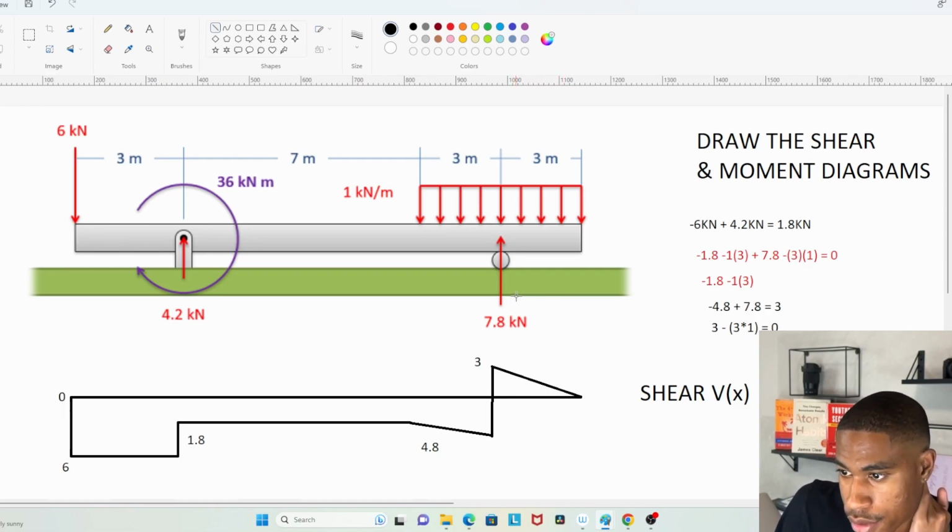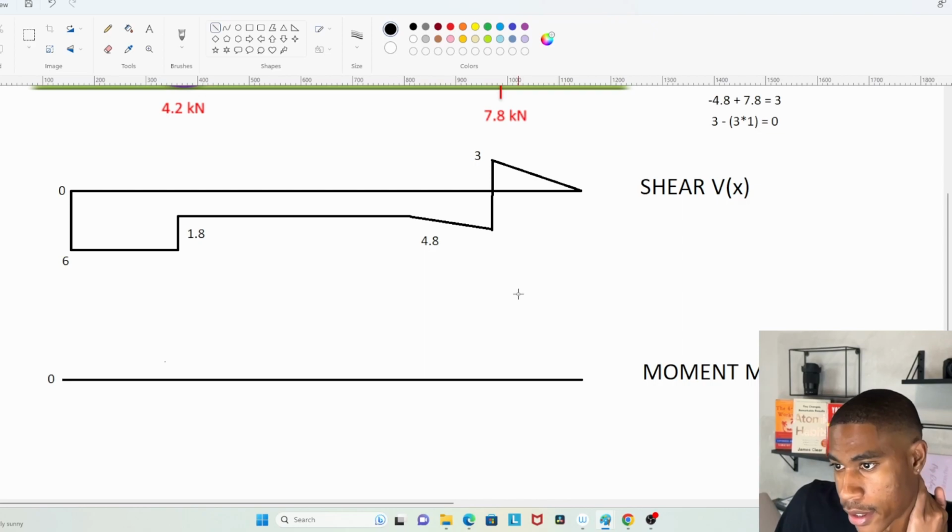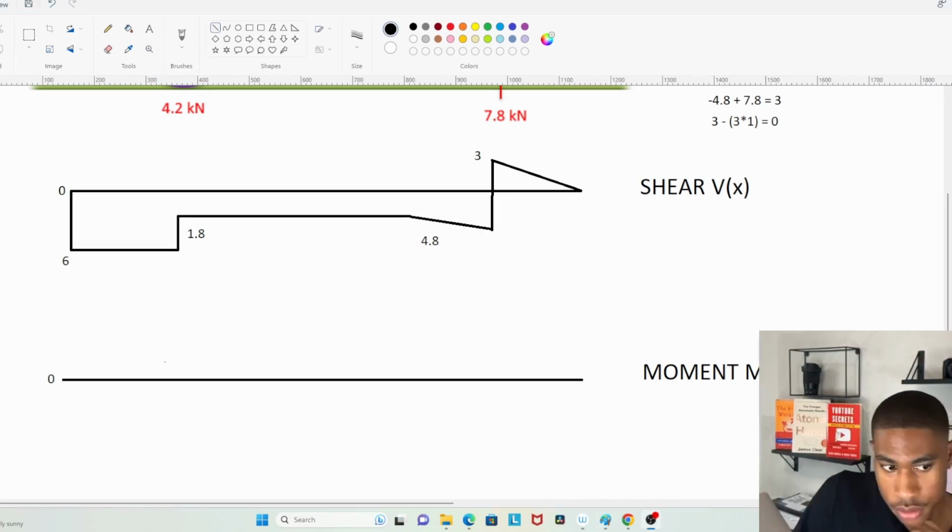I'm going to shift down to our moment diagram. And our shear diagram lets us know everything we need for our moment diagram.